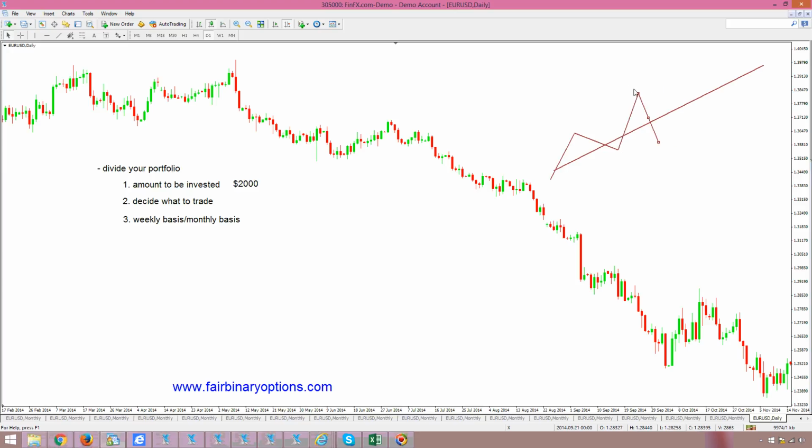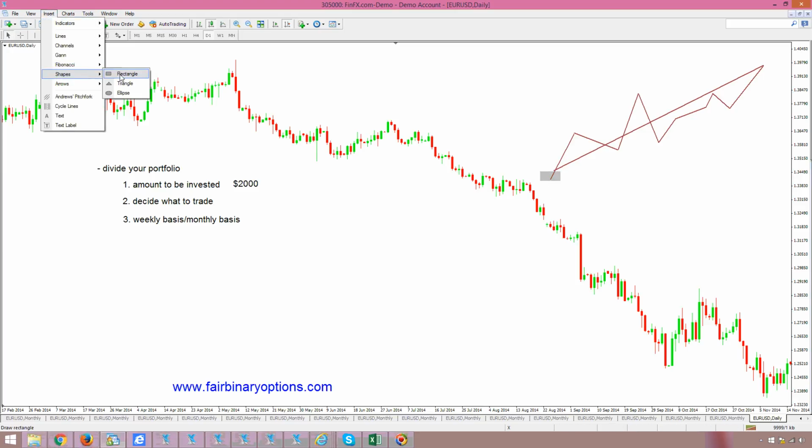Then you may have 1 month like this, another month like this, and then a small drawdown, and so on. And in the end, your account actually grew from here to here, only that it didn't grow in a straight line.